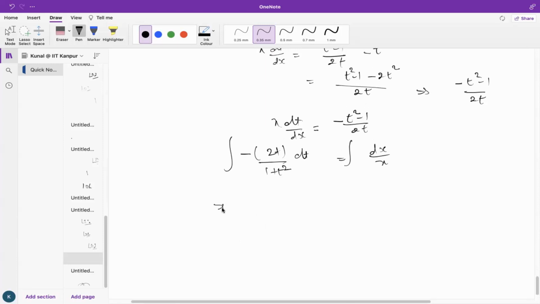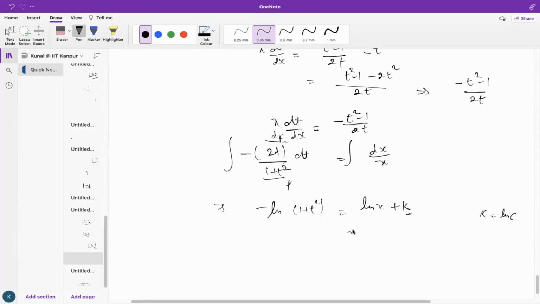So when I integrate it, if this is our f function, so this is our df function. So nothing but minus of ln(1 plus t square) is equal to, its integration will be easy, right? ln of x and put some constant here. I hope this thing will be clear to you. And this constant, if we take it in some format, let us suppose of the format ln something k, our constant can be of the form ln c.